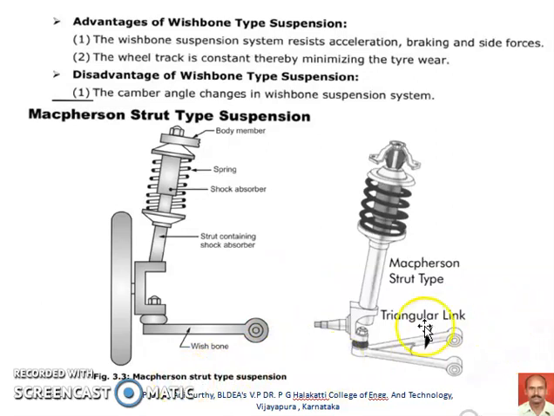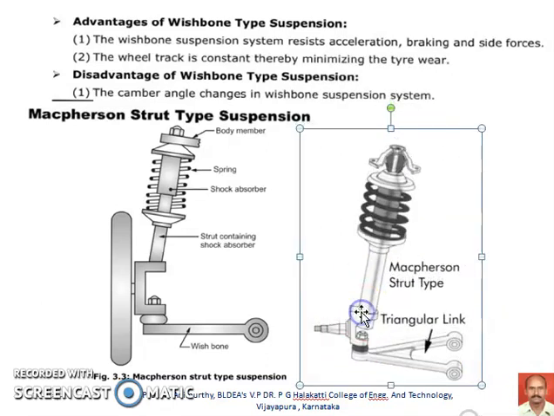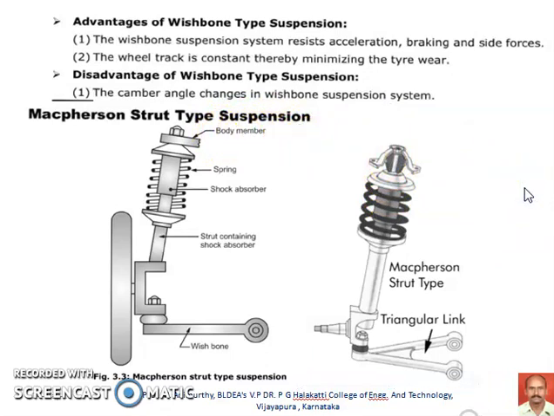Here also you can observe the triangular link, and this is the stub axle, and this is the actual shock absorber or the strut, and at this point it is connected to the body member of a vehicle. So it is the communication between the chassis part and the wheel and the lower end of this wishbone.